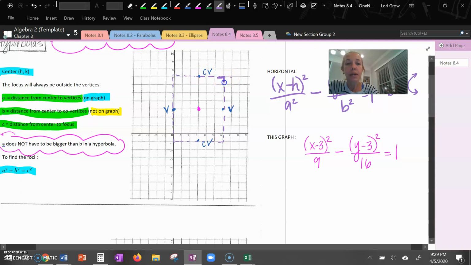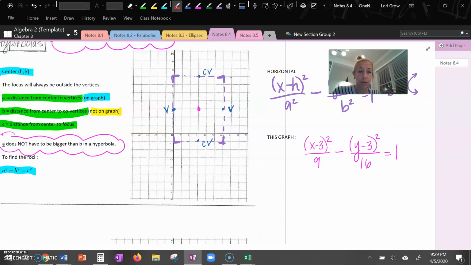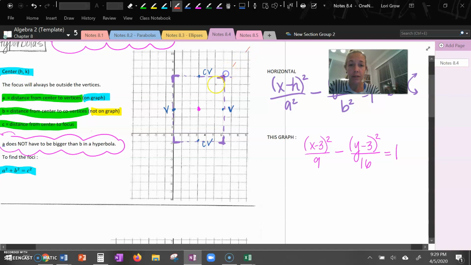The really key part is the corners of the rectangle. The reason those corners are important is because those are going to be the asymptotes of the hyperbola. So you just put some dotted lines through the corners of that little box.